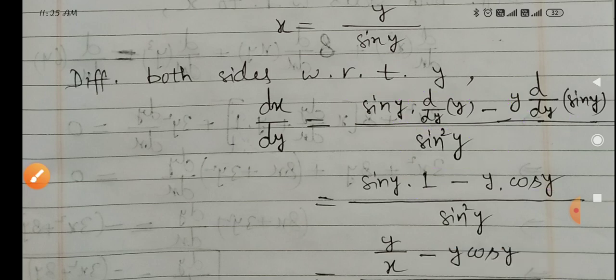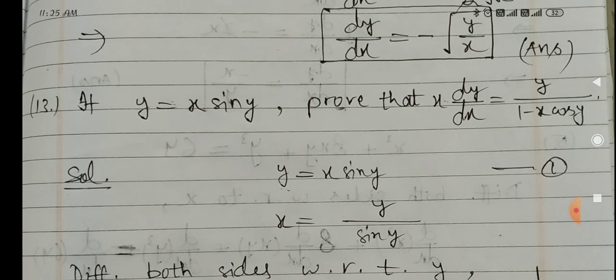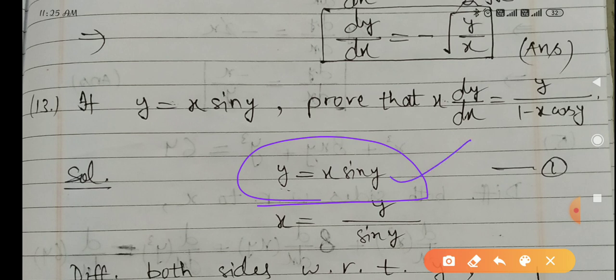Now you can see, in place of sin y you are putting the value y upon x. From where are you getting it? In equation 1, if you find the value of sin y, it will be sin y equals y upon x.